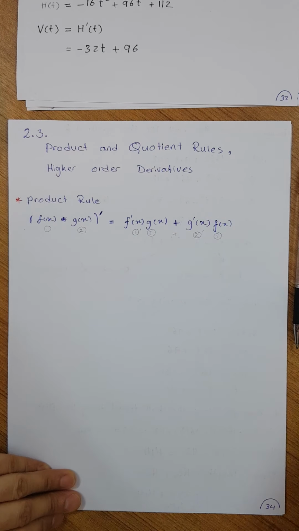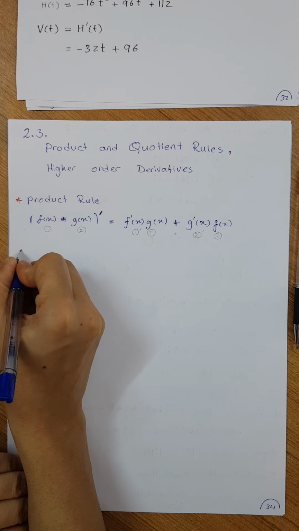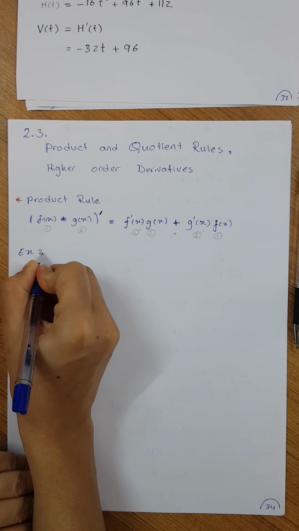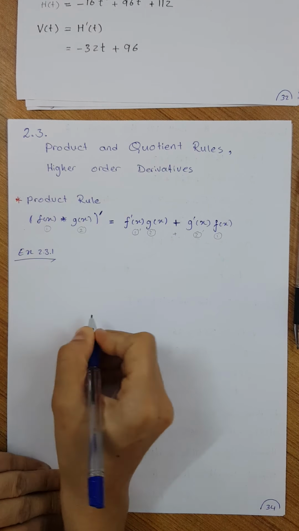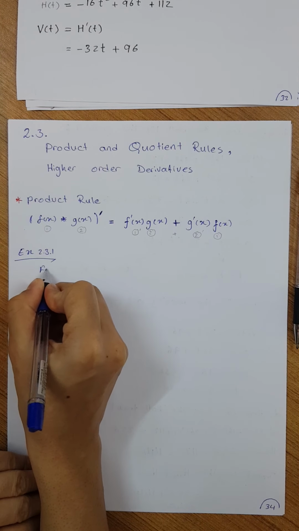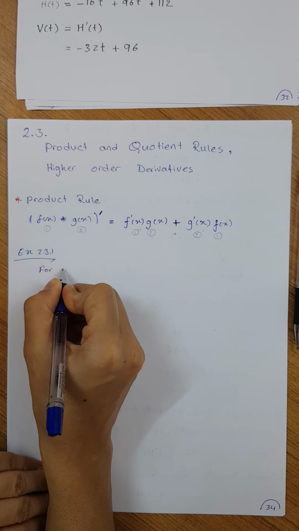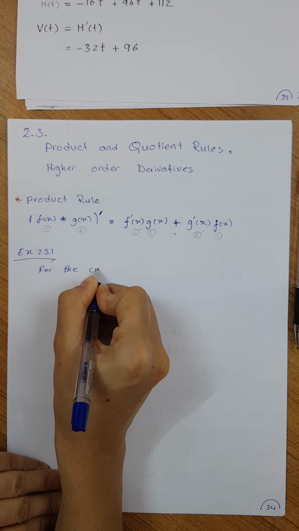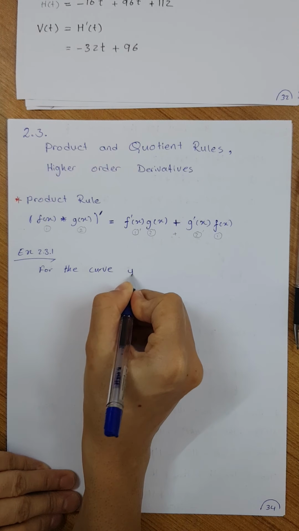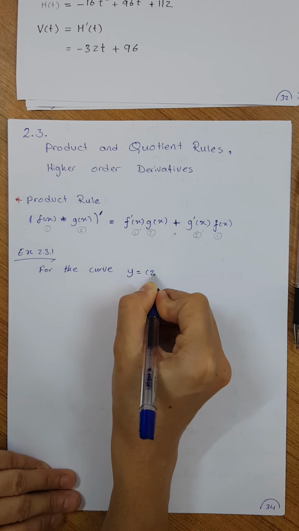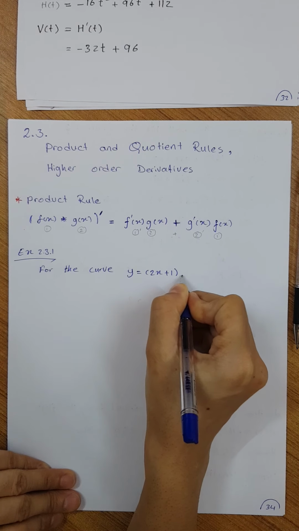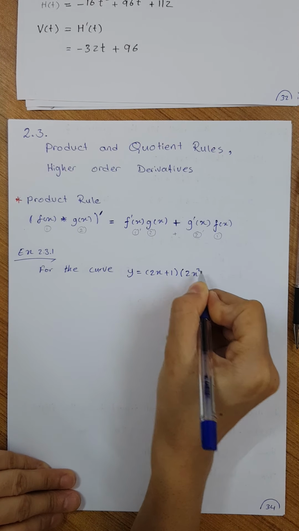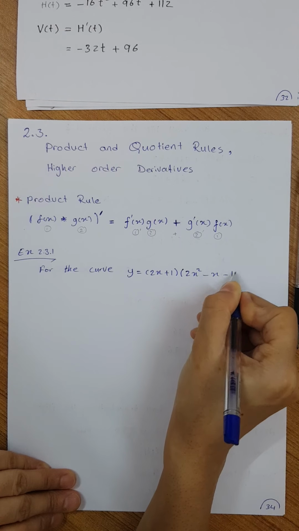We are given example 2.3.1. A function is given to us for the curve y that's equal to 2x plus 1 multiplied to 2x squared minus x minus 1.